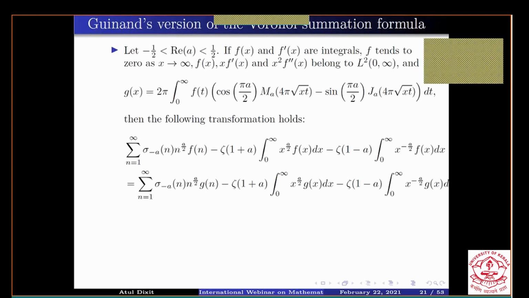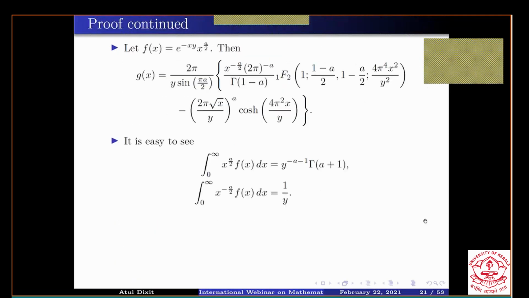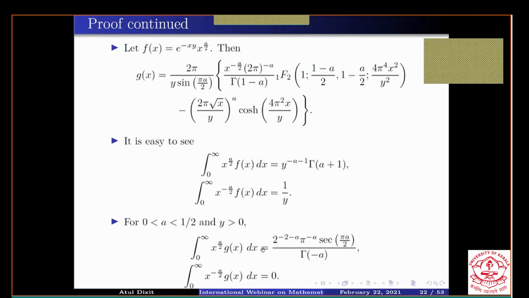However, I need to evaluate these four integrals. And while two of them are very easy to do, you take f being e raised to minus xy times x to the a by 2. So this becomes essentially a gamma function. And this other one is also easily reduced to 1 upon y. However, the other two require some work, and one of which nicely evaluates to 0. It's important because otherwise the formula would have been really very complicated. But very nicely that becomes just 0.